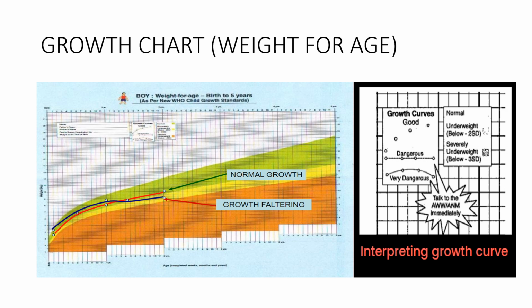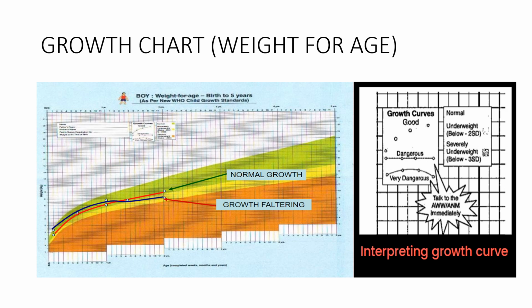Besides, the growth chart is also one of the important things opened up through this card, because it contains this growth chart both for male and female, and you may be asked to interpret each of these zones. And like this curve, you may be asked, what is the interpretation if the curve is maintaining a plateau, that is a straight line, if it is dipping down, or it is on an upward curve.